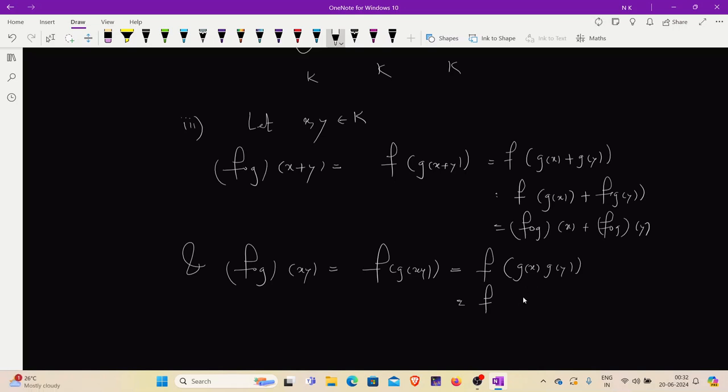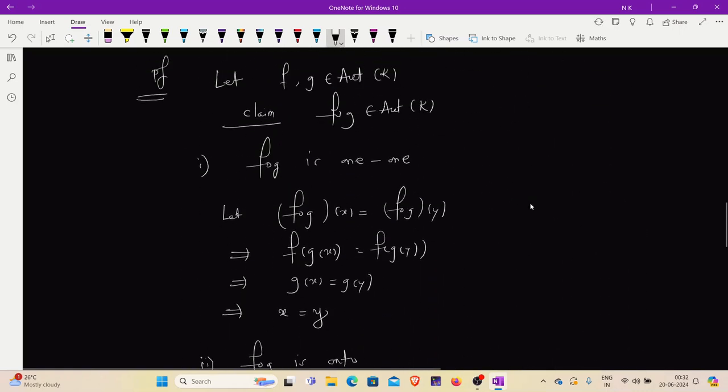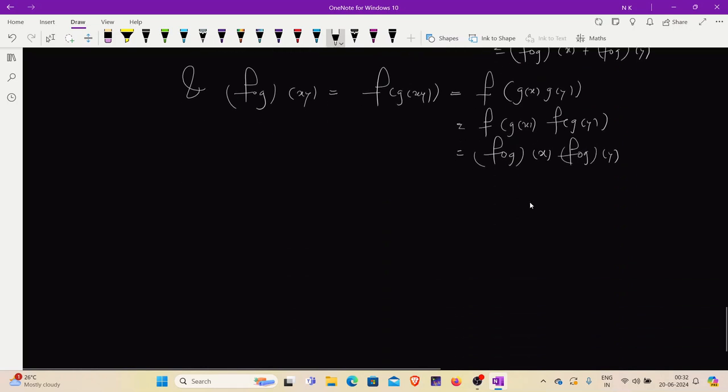So we can move forward, that is f of g of x into f of g of y, because f is already a homomorphism. So this is f composite g of x into f composite g of y. So it is a homomorphism, and we have already proved that it is onto as well as one-one. So finally I can conclude that f composite g is an automorphism. So f composite g belongs to Aut of K.